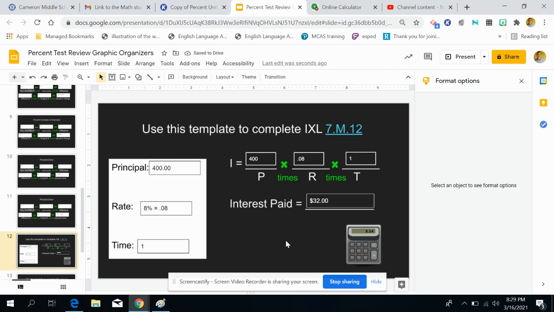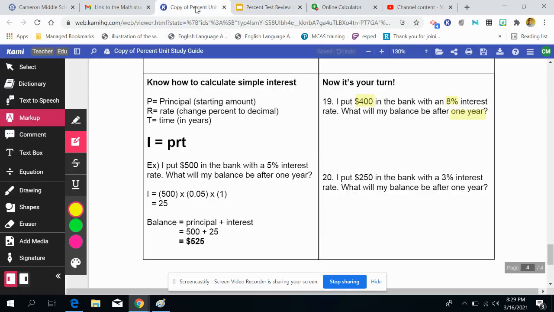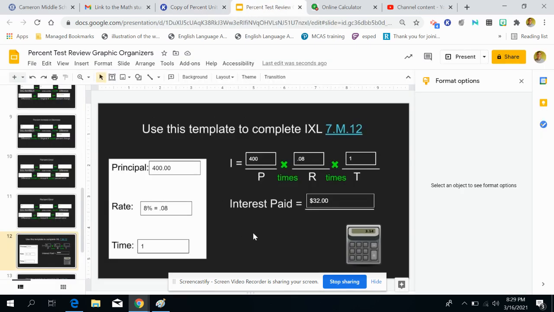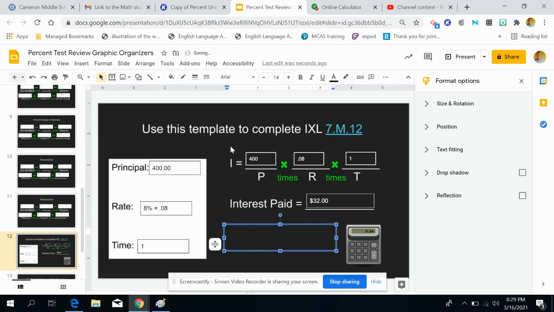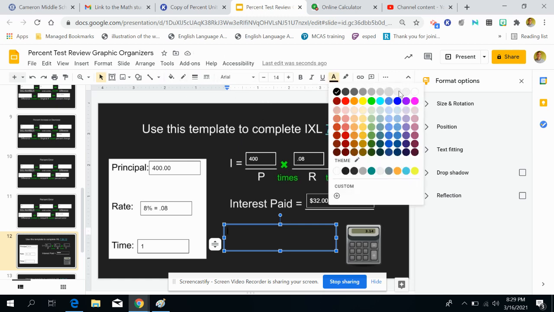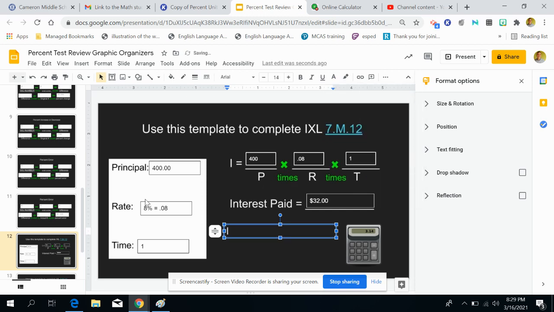Now, I'm not totally done yet because the question doesn't ask how much interest I paid. It asked, what will my balance be after 1 year? So the balance is going to equal my principal plus my interest. So let's make this into a color we can see.